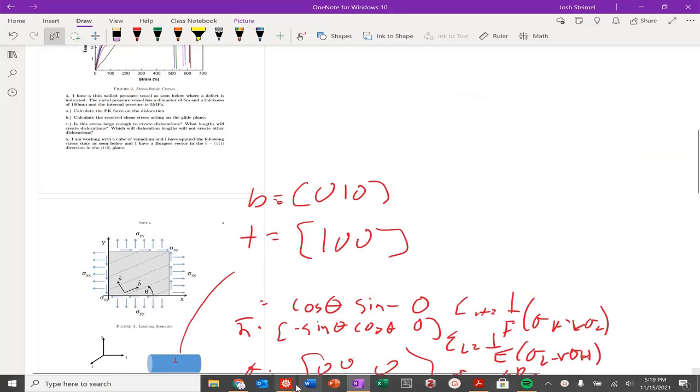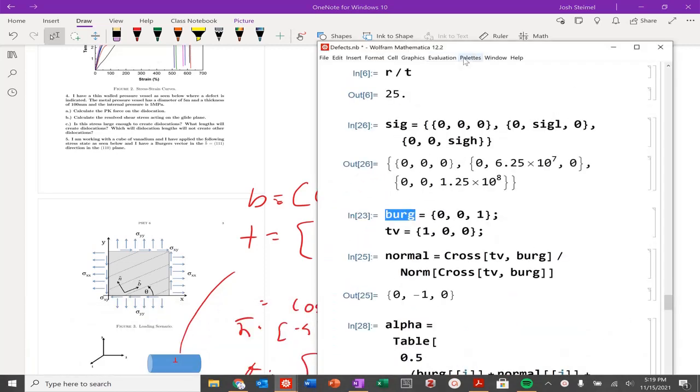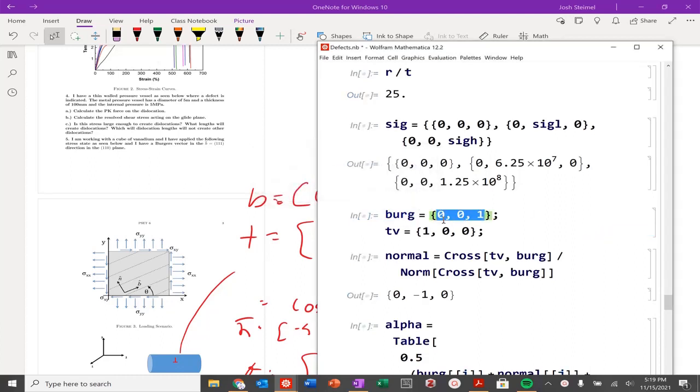Let's go ahead and get this notebook set up. I'm going to clear everything here. We have a Burgers vector in the 1, 1, 1 direction, and in the 1, 0, 0 plane.